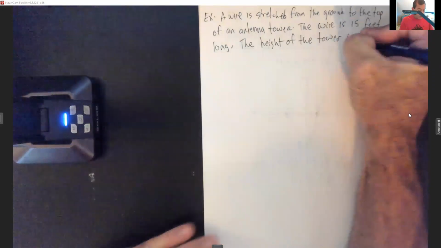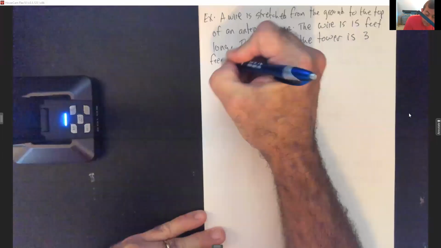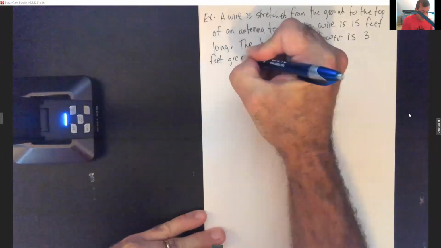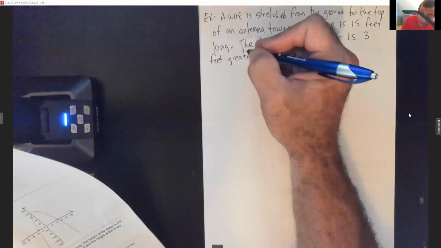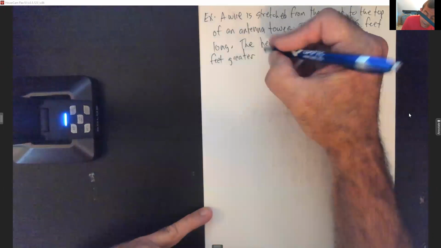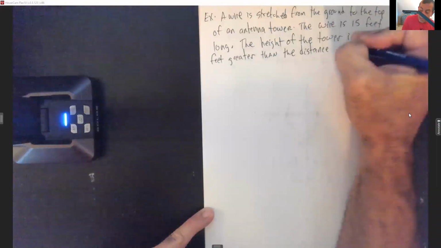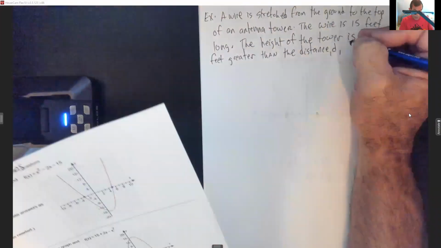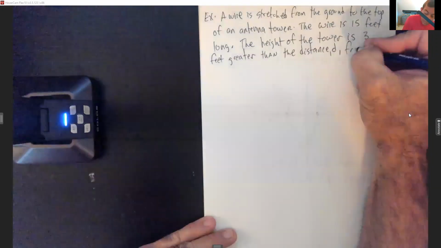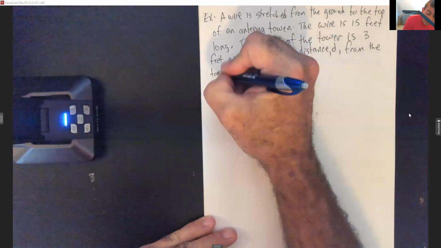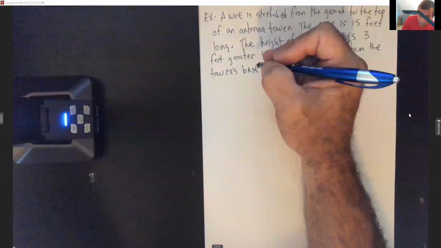Is 3 feet greater than the distance D. So the distance D, they're just calling it D. We don't know the distance from the tower's base to the end of the wire.